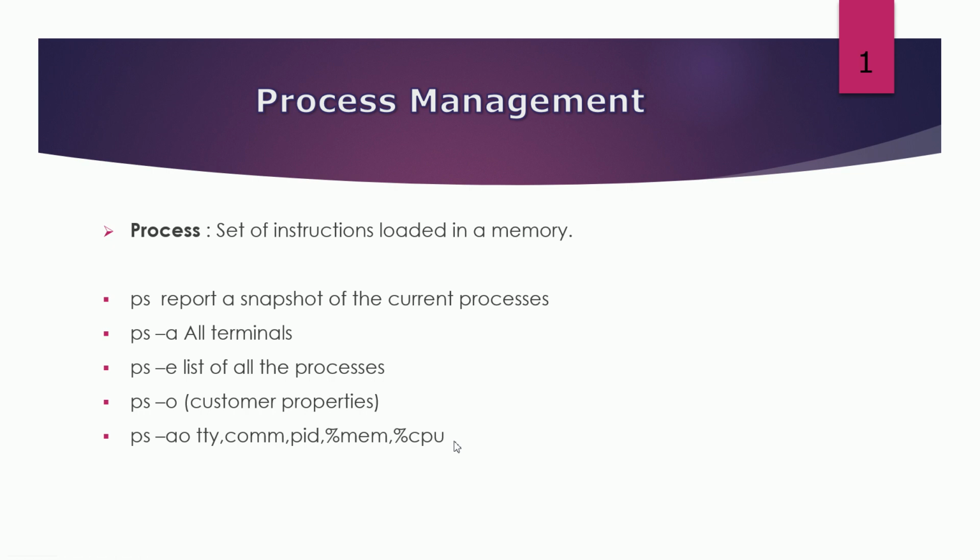With this command, whatever output I get about the processes will be according to my requirement. I want the output to have the PID, the memory, the CPU, and the nice value as well. So I can create my own command, and for that I have to use the custom properties, which is done with the -o option.